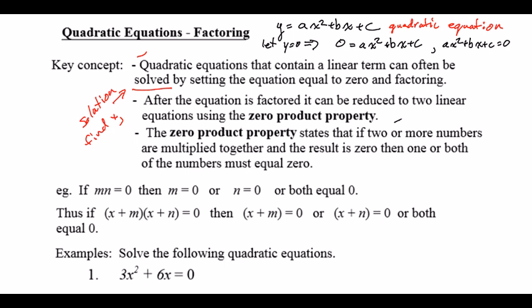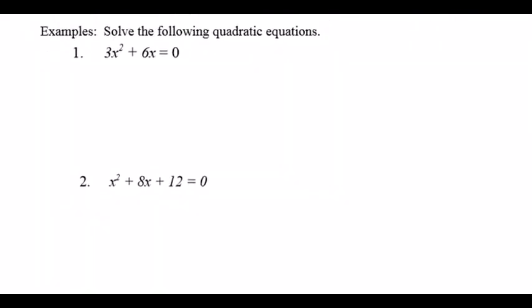Okay, now enough of that. Let's move on to our problem. Here's the example. We're going to solve the following quadratic equations. Now remember what I told you. Solving means to find an x.